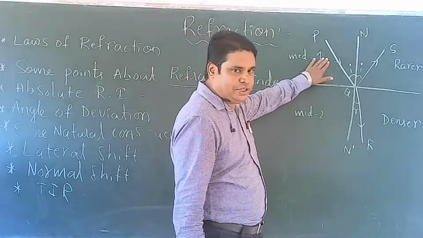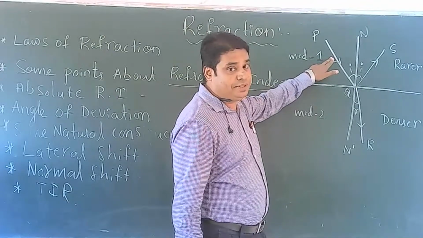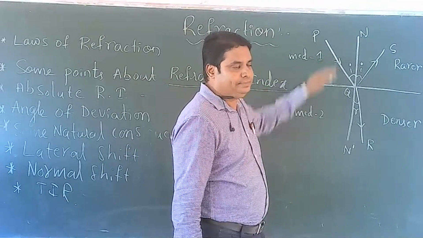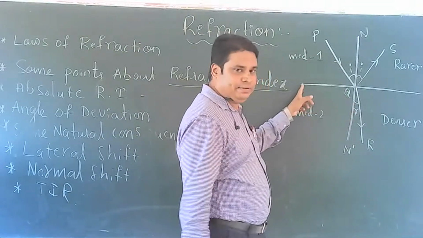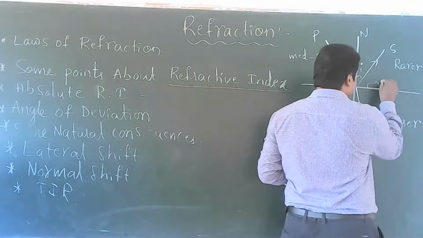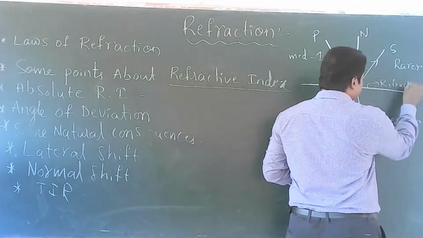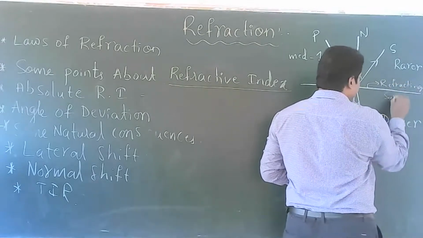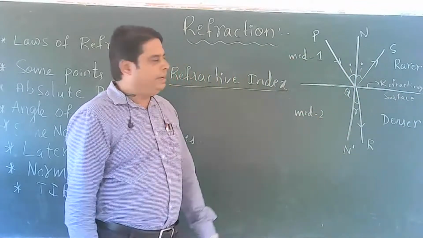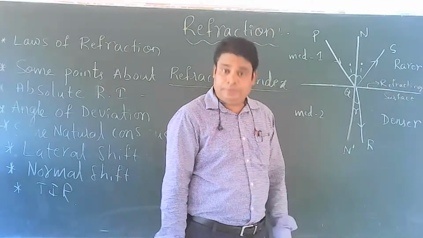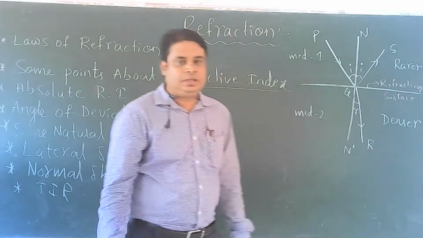Here in this picture, see carefully. Let us consider a beam of light, I am using beam, not ray. When it is incident on the refracting surface, on the interface separating these two media, we observe part of light is reflected.